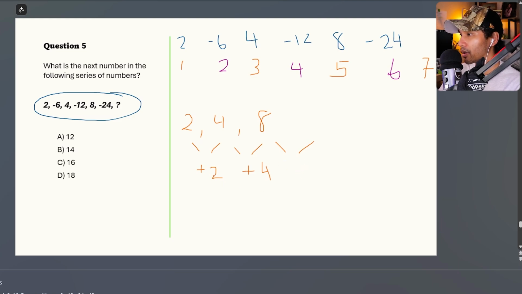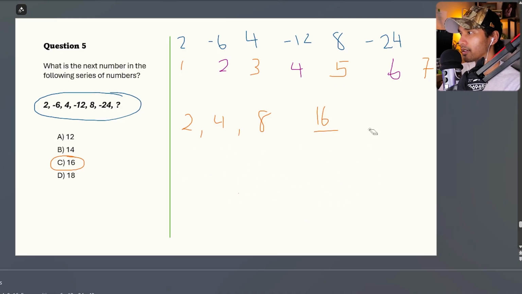It could be doubling, where it's 2 times 2 equals 4, times 2 equals 8. Okay, it could be doing that. And then that's 16. And then our number is 16, where it is C. And I think that's the answer. Yeah, that's the answer.